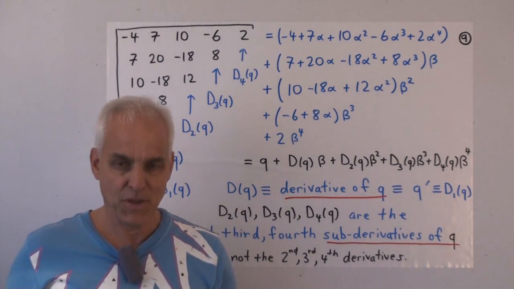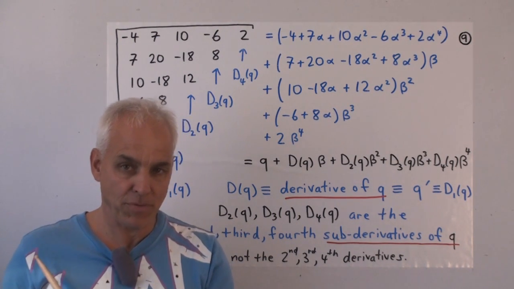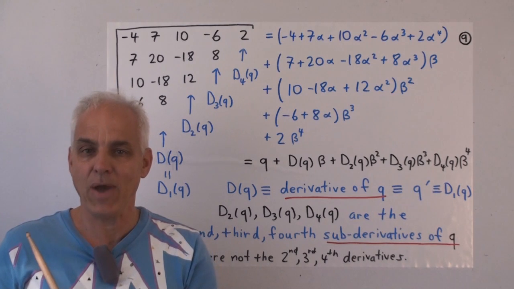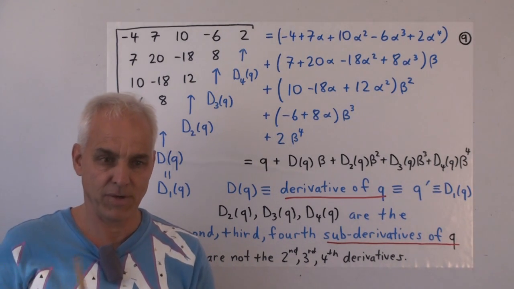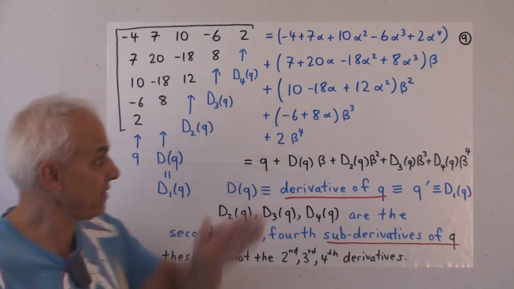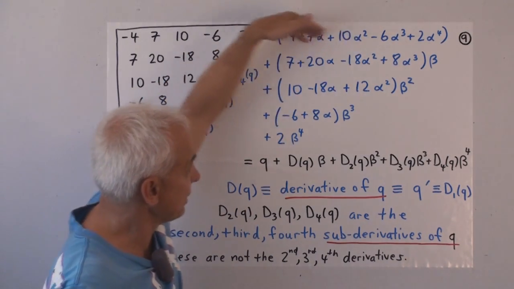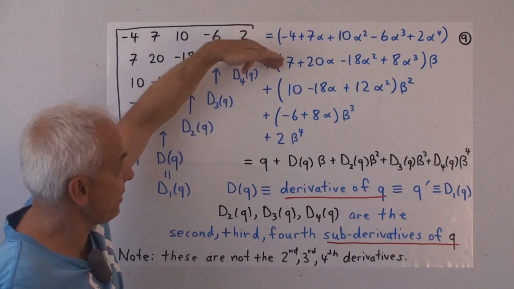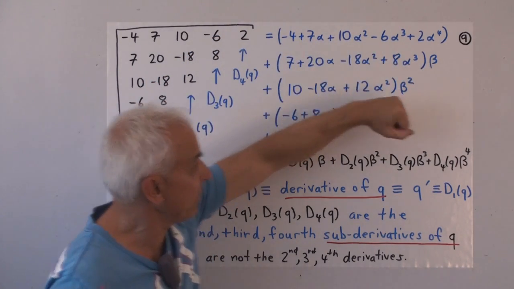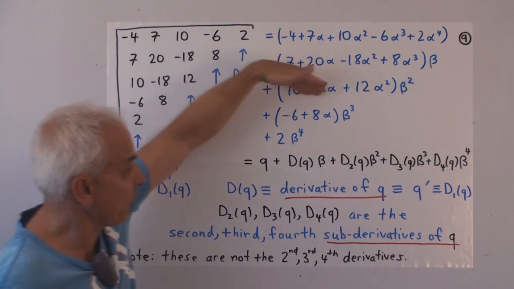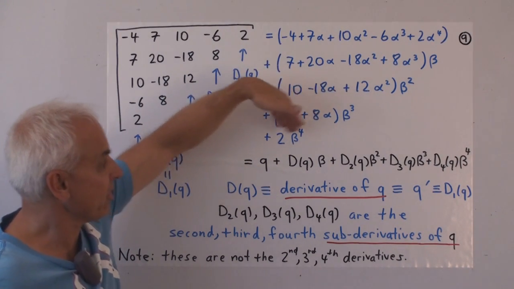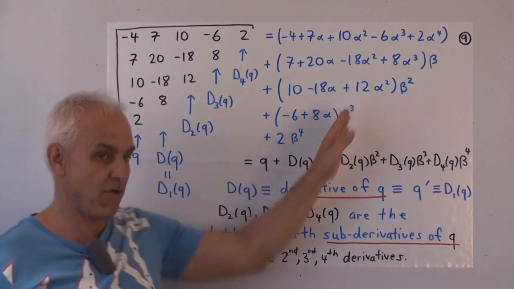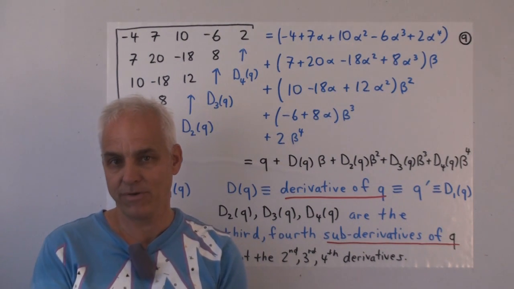What have we done? We've started with the polynumber q, and we've evaluated q at alpha plus beta. And we just looked at what we got, and we see that when we expand that out, we see the original polynumber, and then the next coefficient of beta is the derivative. And then furthermore, for free, so to speak, we get the various higher subderivatives of the polynumber.